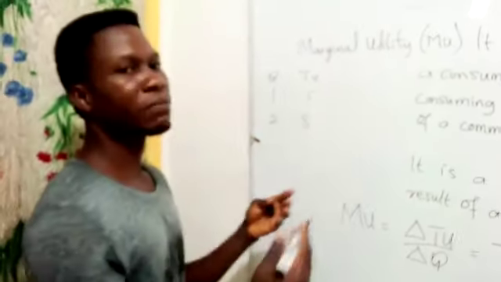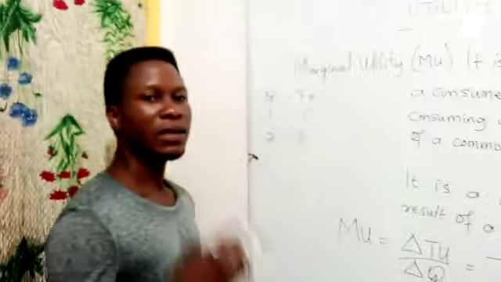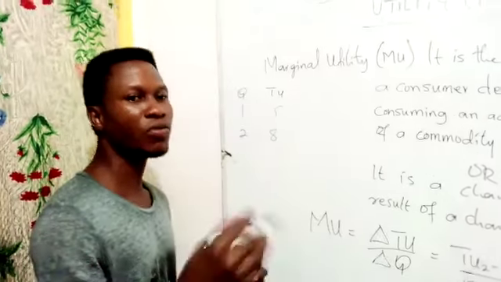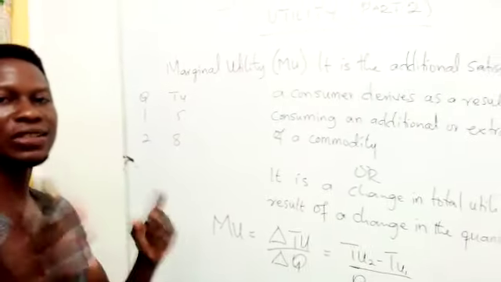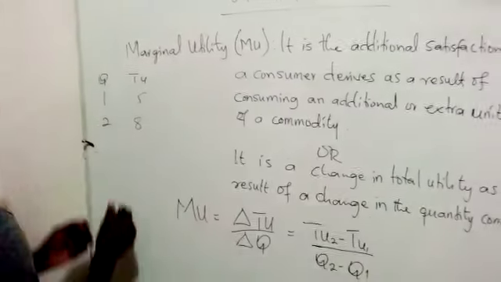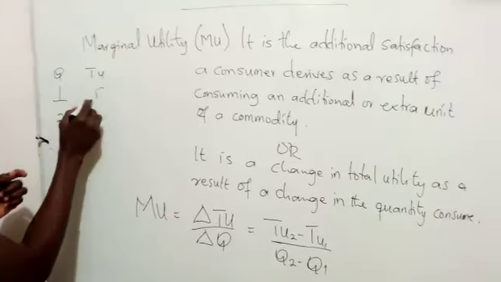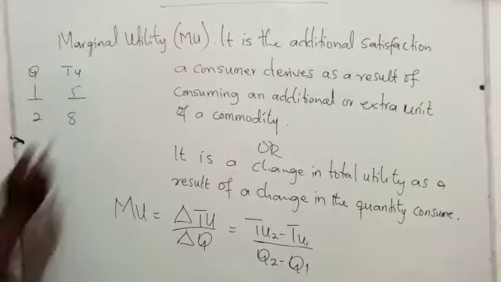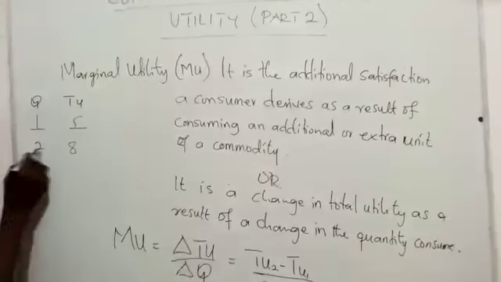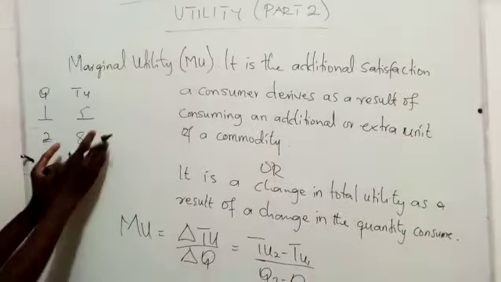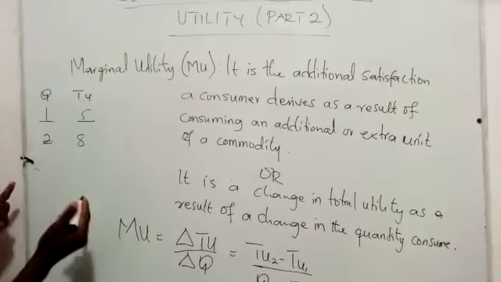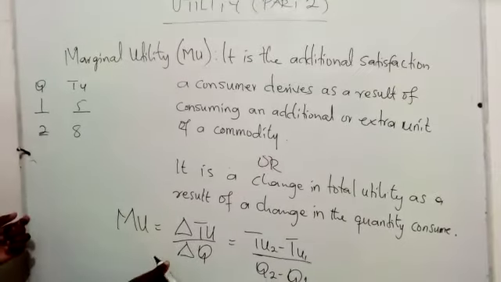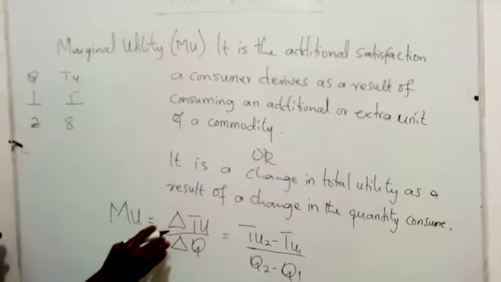Now we want to find the marginal utility, the additional satisfaction derived as a result of consuming additional units. We consume the first one and derive 5 utils. We consume the second one and the total satisfaction now is what? 8.